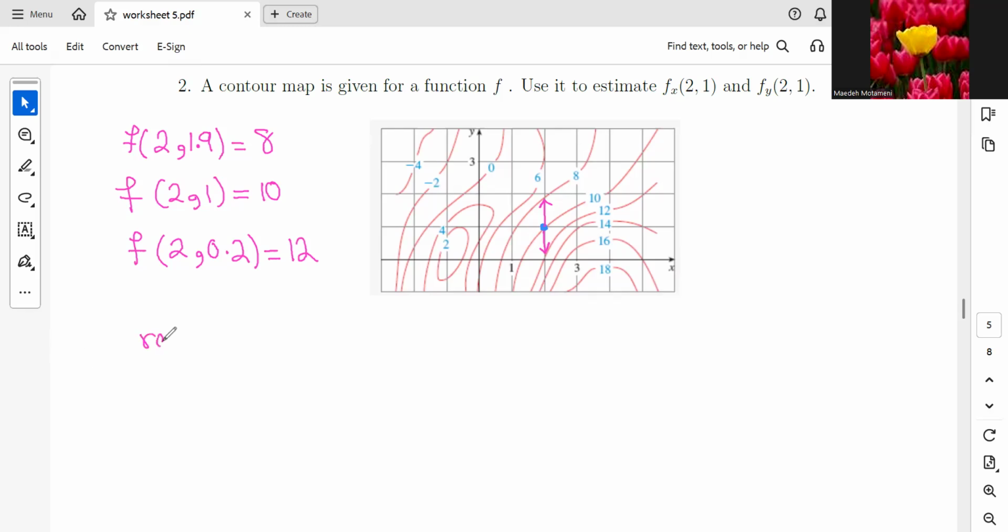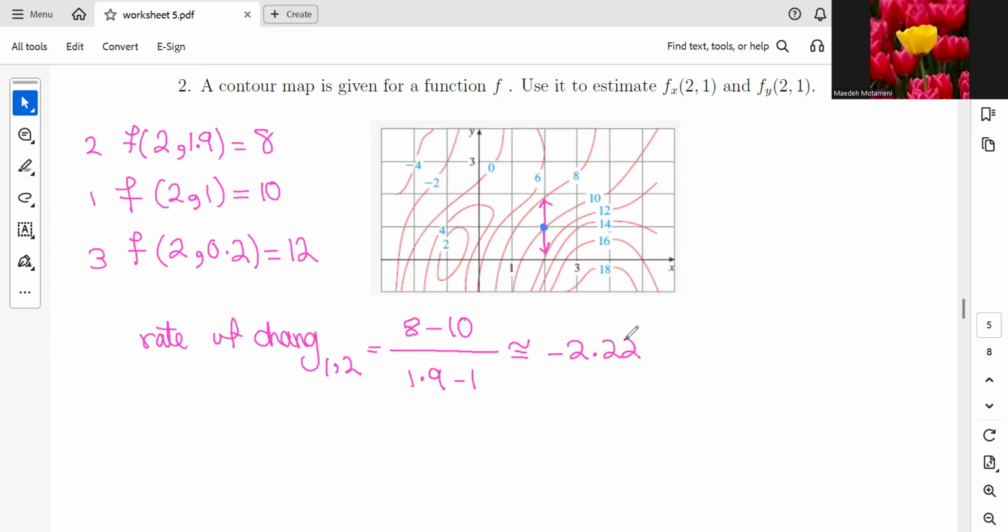And the rate of change for, let's say, 1, 2, 3, between 1 and 2 here is 8 minus 10 over 1.9 minus 1, which is approximately negative 2.22.